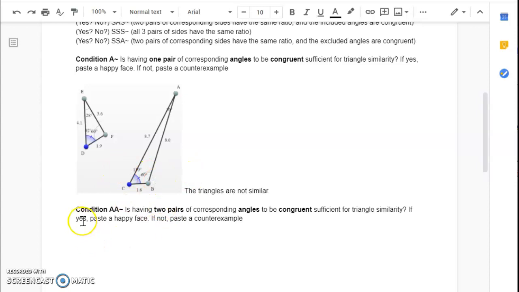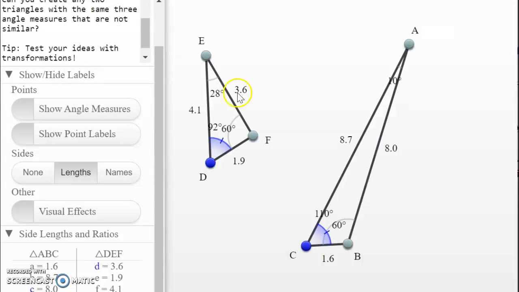Now you are going to go into your groups, and you are going to be exploring AA similarity and the other similarity. Let me show you a few other features of this tool. If I wanted two of the angles to be the same, then I can click on another angle here, click on the lock, and say I want to lock it with this.